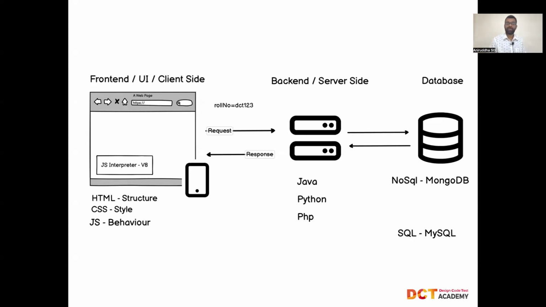There is another type of database, called a SQL database, which has traditionally been there for a very long time. Once we go deeper into our courses, we'll understand the difference between NoSQL and SQL, and when you prefer what type of database. One of the examples of a SQL database is MySQL. These are again different databases that are there.